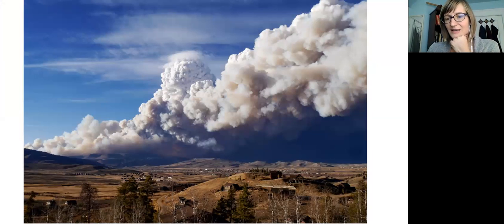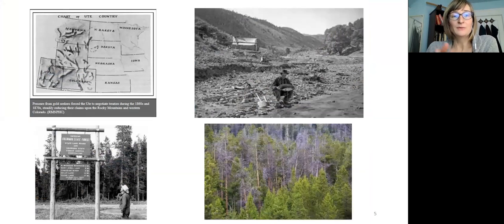It's on fire, and many of you have probably been hearing about that in the news or have personal connections yourselves. But the land is really being devastated, and this didn't come out of nowhere. And so I've really been challenging myself to learn more about the land and its history. Originally, the early inhabitants were the Ute people who spent summers and winters traveling over the Rocky Mountains, the Continental Divide.